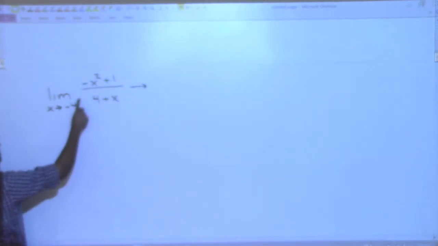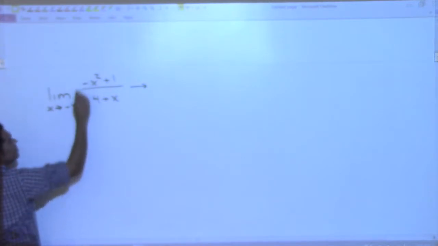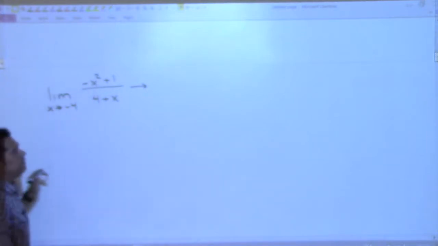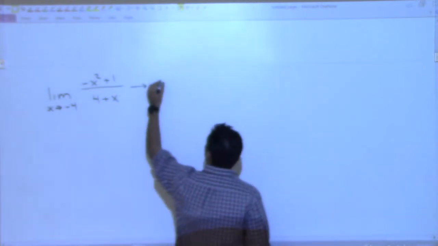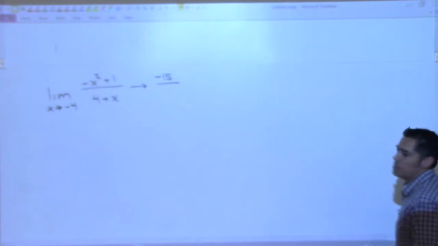Got to be careful here. This negative sign, you ignore it until after you've squared. So -4 goes in there first and gets squared and becomes 16. Then negative, then 1. So -15 on top. All right, keep going. What about the bottom? Over 0.